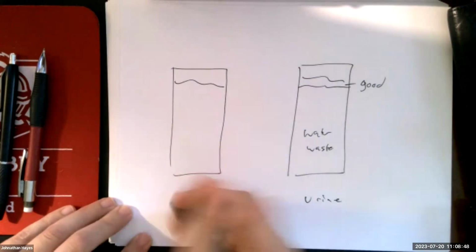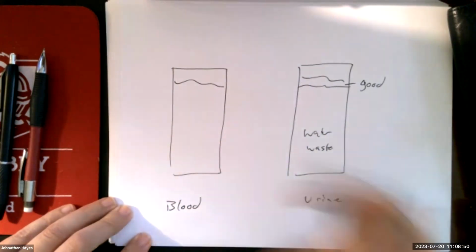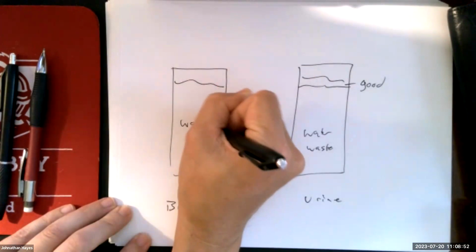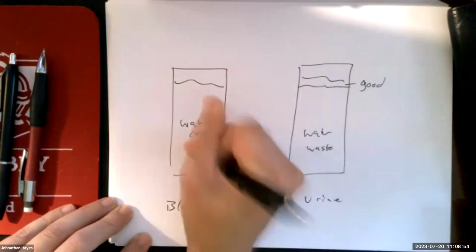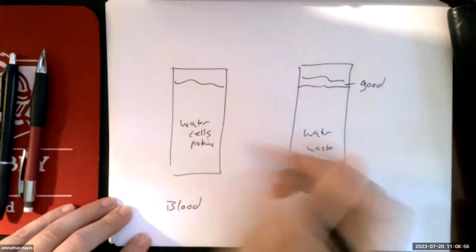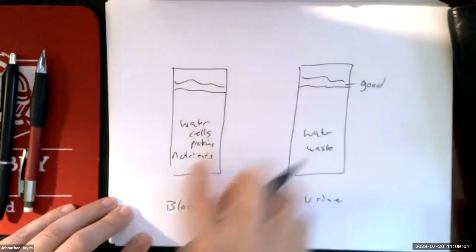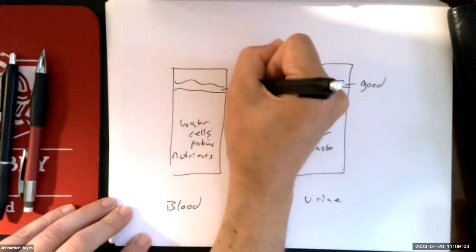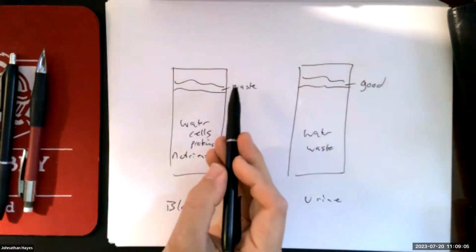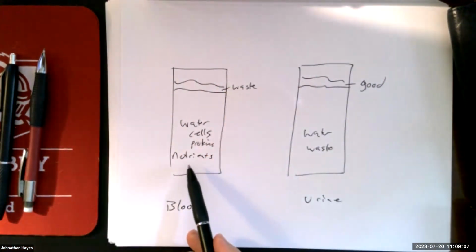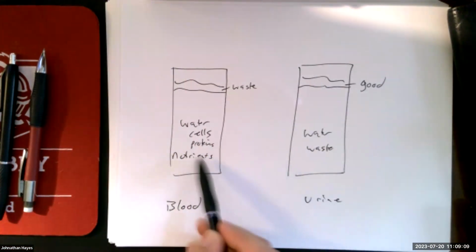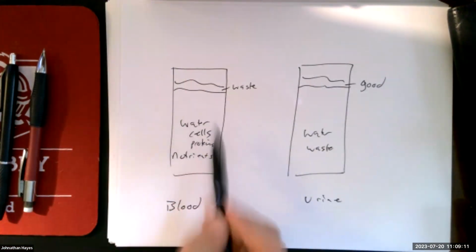And then here in blood, if we're comparing the two, your blood should be water, cells, right? Proteins and nutrients, with a little bit of waste, right? So I know I'm adding a little bit more there than I did previously, but waste is always present. Nutrients are always present in the blood. If we're healthy, nutrients should be making up the majority of what's floating around in the plasma.